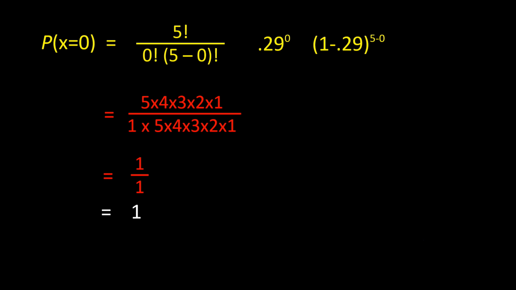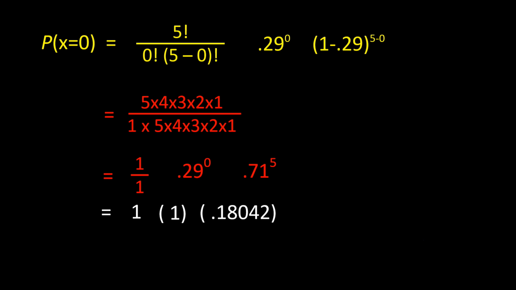Okay, now next we have 0.29 to the 0 power, which is also by definition 1, and then we have 1 minus p, or 1 minus 0.29 to the n minus x power, so that's 0.71 to the 5 minus 0, or to the 5th power. And 0.71 to the 5th power is 0.18042.